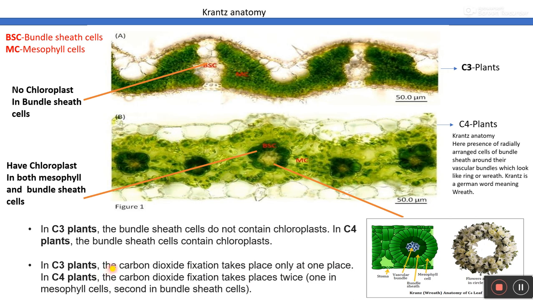Since in C3 plants chloroplast is present only in mesophyll cells, the carbon dioxide fixation takes place only in mesophyll cells. But in C4 plants, chloroplast is present in both mesophyll cells and bundle sheath cells. That's why carbon dioxide fixation also takes place in both these cells, that is, in mesophyll cells and bundle sheath cells.